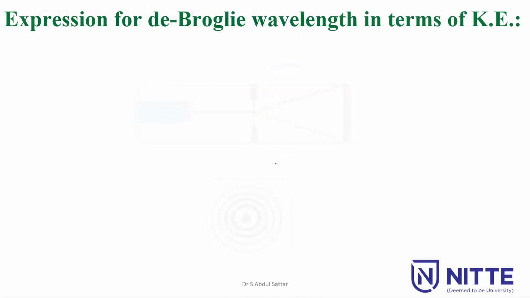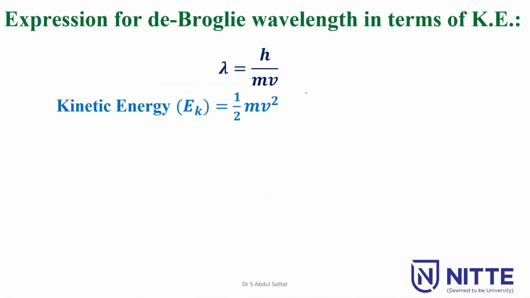Next, we are going to discuss the expression for de Broglie wavelength in terms of kinetic energy of the particle. According to the de Broglie hypothesis, the wavelength lambda equals h by mv. We know the kinetic energy of a particle of mass m moving with velocity v is half mv squared.